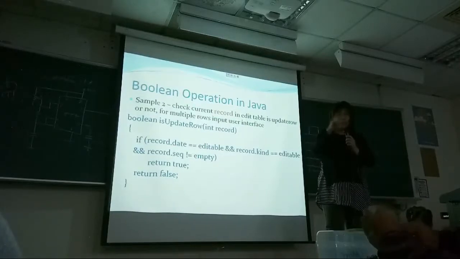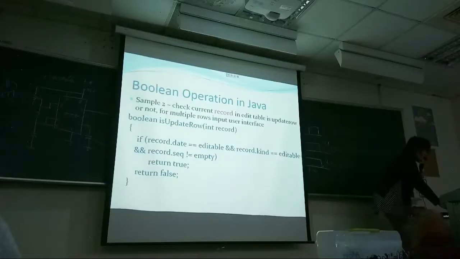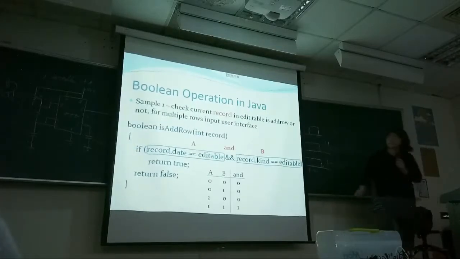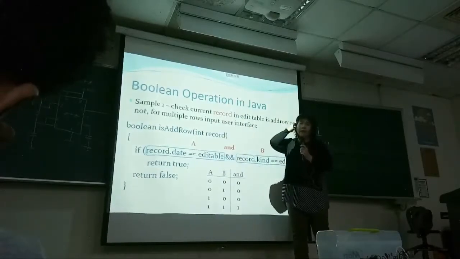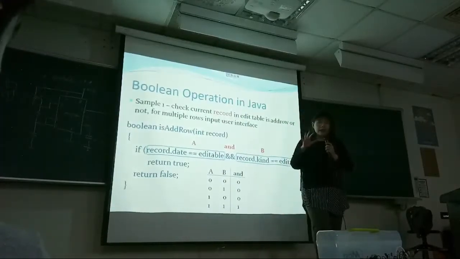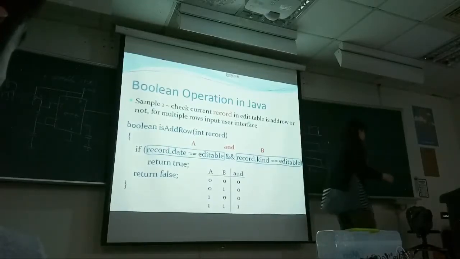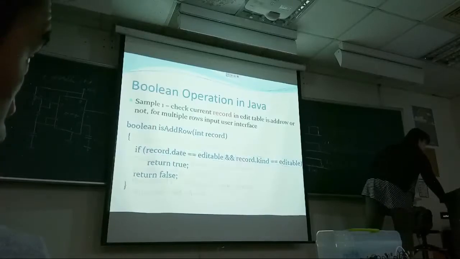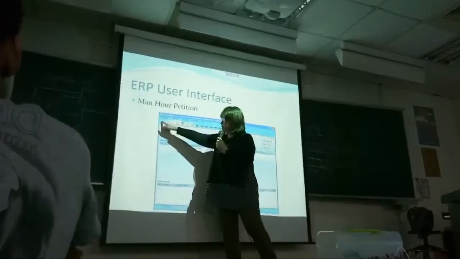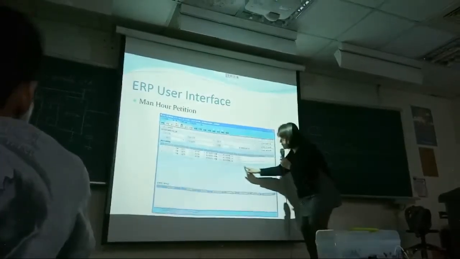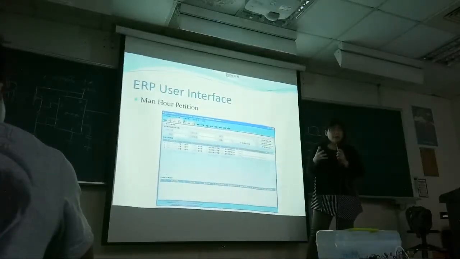If you get into add mode, then I will choose this add row. When you press add, it will give you an empty row, and this user interface will go into add mode.